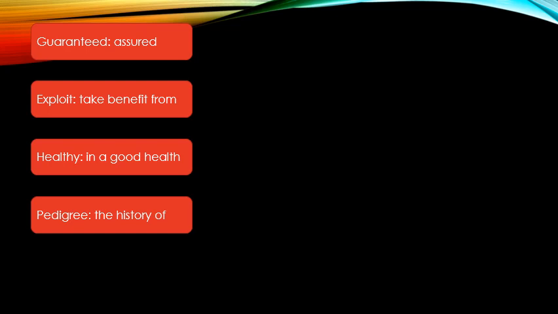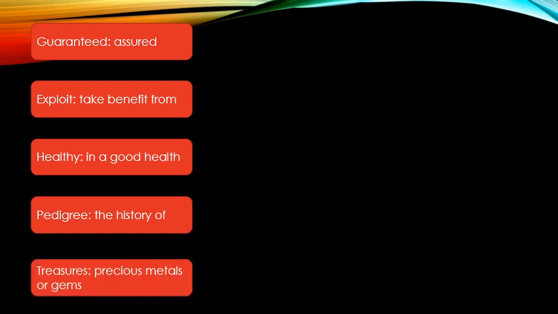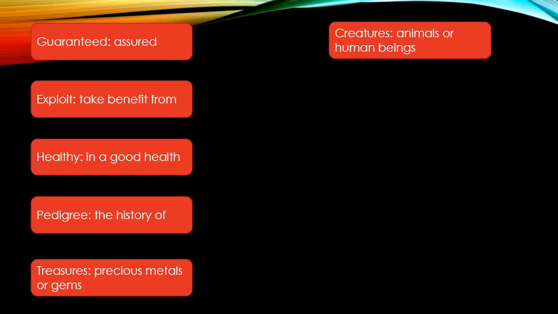Pedigree, we mostly use it to express the history of a human or the history of animals. Treasures are precious metals or gems. Creatures are animals or human beings, we call them creatures, simply.